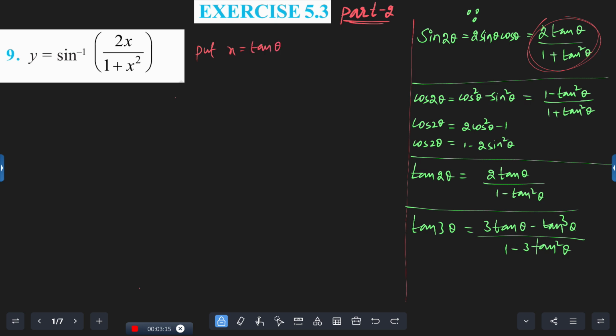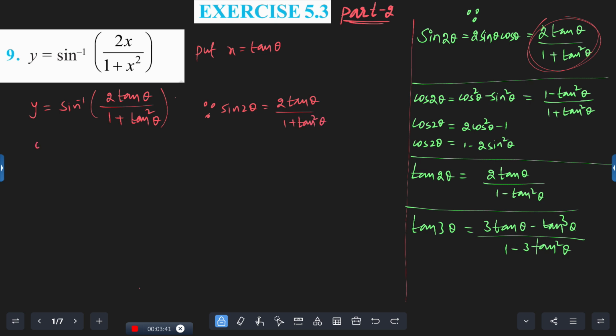If you assume, you will get sine inverse of 2 into tan theta divided by 1 plus tan square theta. Now you see, children, this looks like the same sin 2 theta formula. Sin 2 theta is equal to 2 times tan theta divided by 1 plus tan square theta.